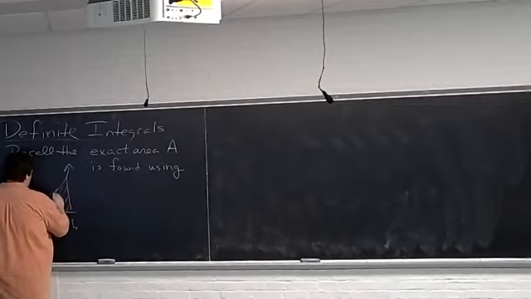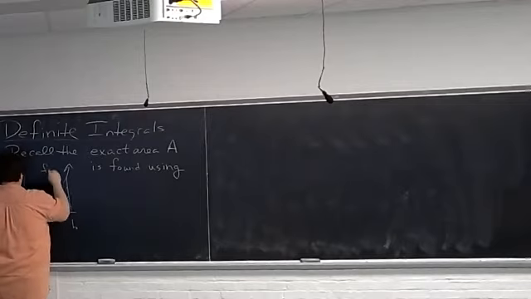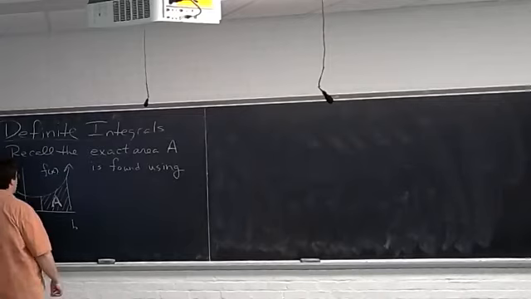But recall that exact area A, the area between a function and a piece of the x-axis, we discussed how to approximate that area. We also discussed how to find that area exactly.